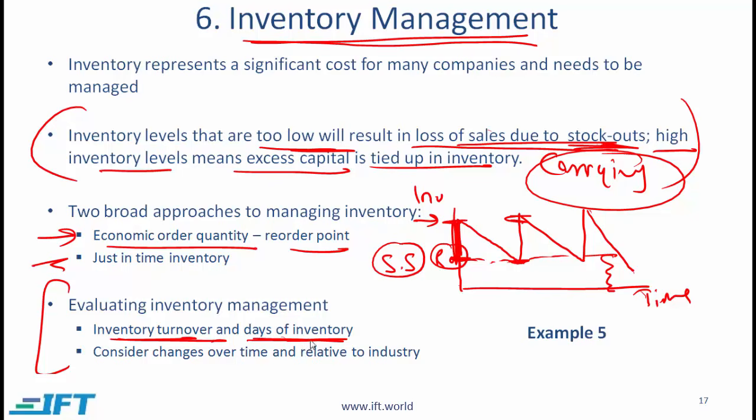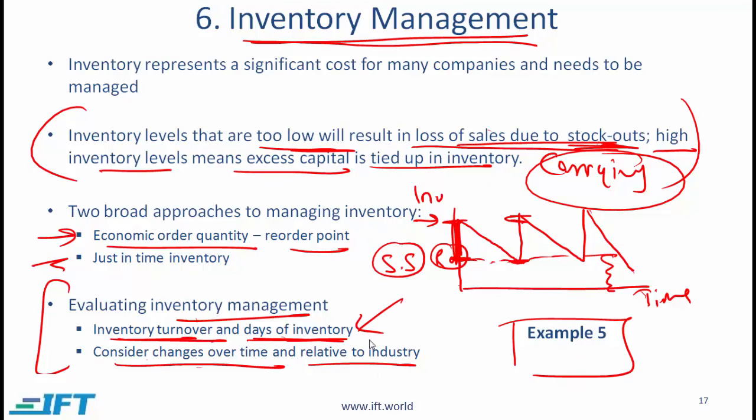Low days of inventory means that on average a company is maintaining low inventory. Obviously, when you evaluate inventory management, you need to consider how inventory turnover ratio and the days of inventory ratio are changing over time for that company, and you also need to compare relative to the industry. Take a look at example 5, which uses these ratios.